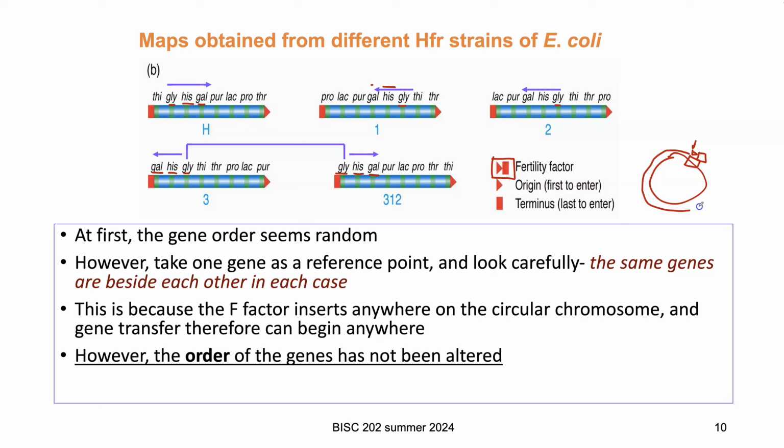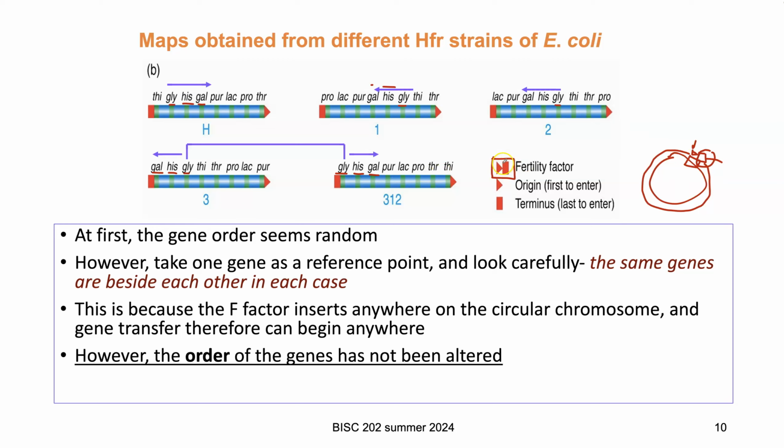And if it went the whole time, eventually what would happen is the terminus would enter. The terminus is the part of the F factor that contains the genes that are needed for producing a pilus and being a donor cell, and so on, and initiating the transfer of the DNA into the recipient cell.